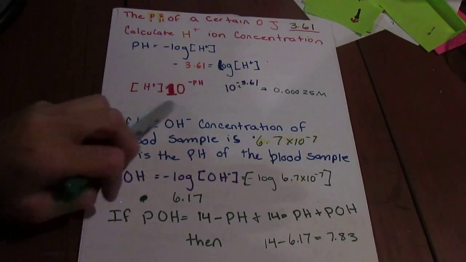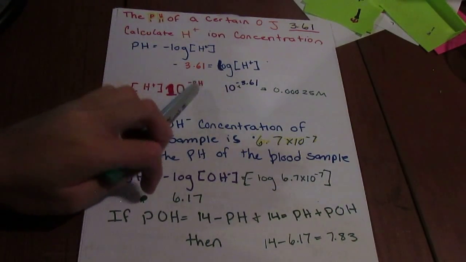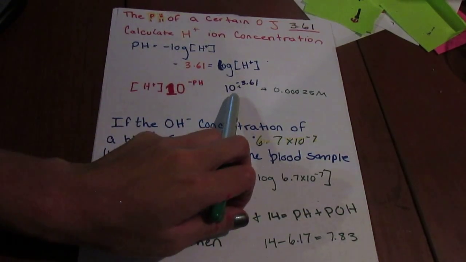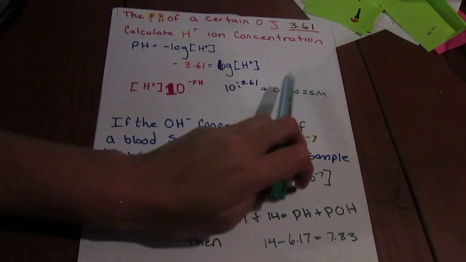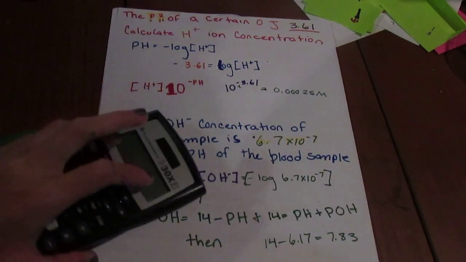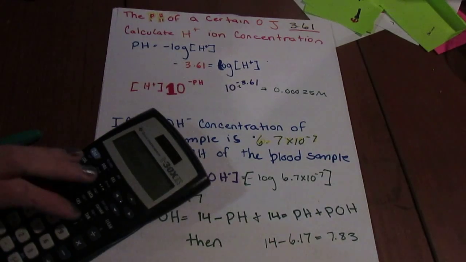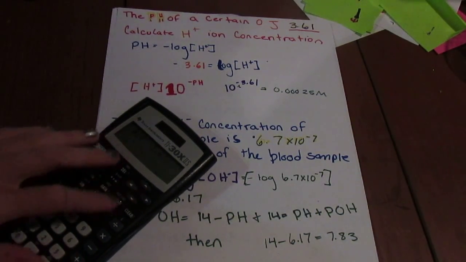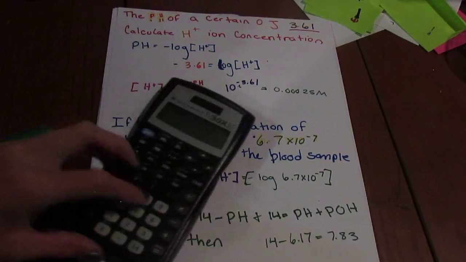So to do the anti-log you would just raise 10 to the negative pH, and then right here we would go ahead and plug it in, and our equation gives us 0.00025. Right here I went ahead and did that.